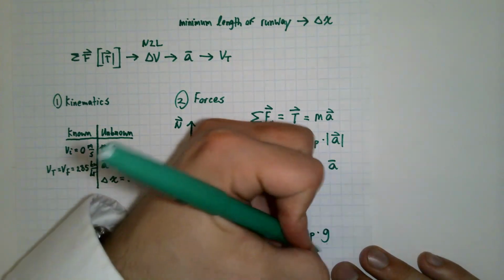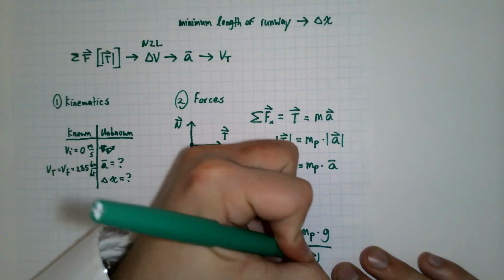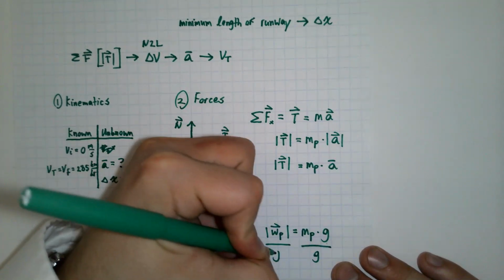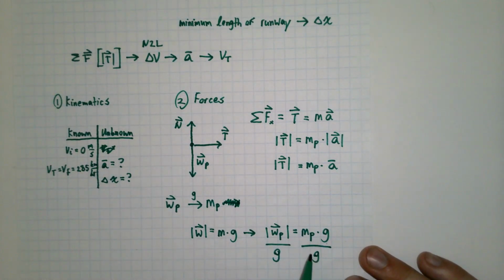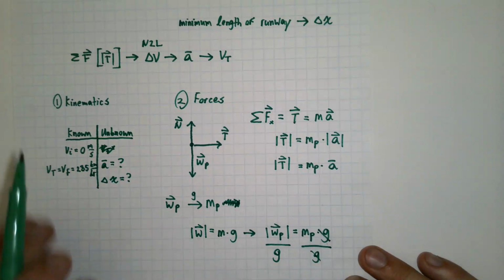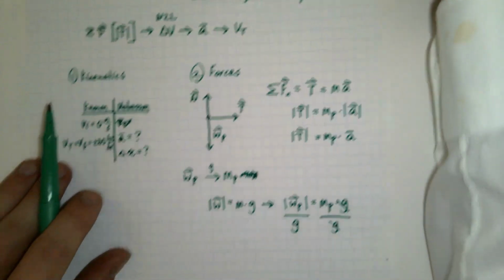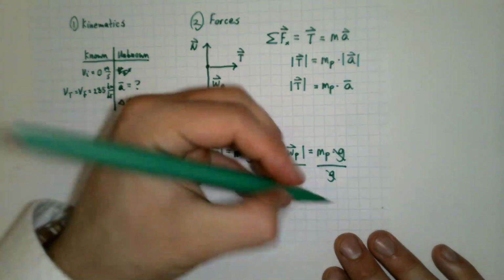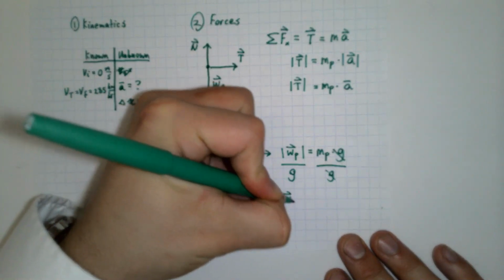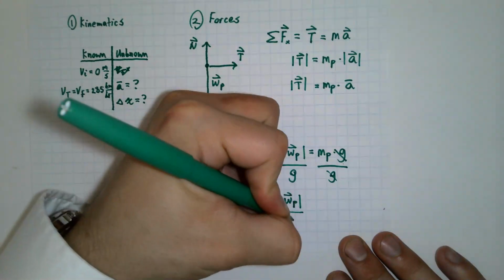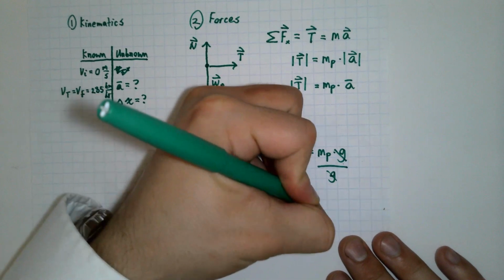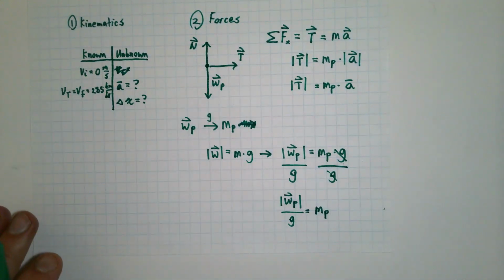We know the gravitational field the plane's in. We just need to find what the mass of the plane would be, so we can divide both sides by the gravitational field. What we're left with is that the weight of the plane divided by the gravitational field is the mass of the plane.